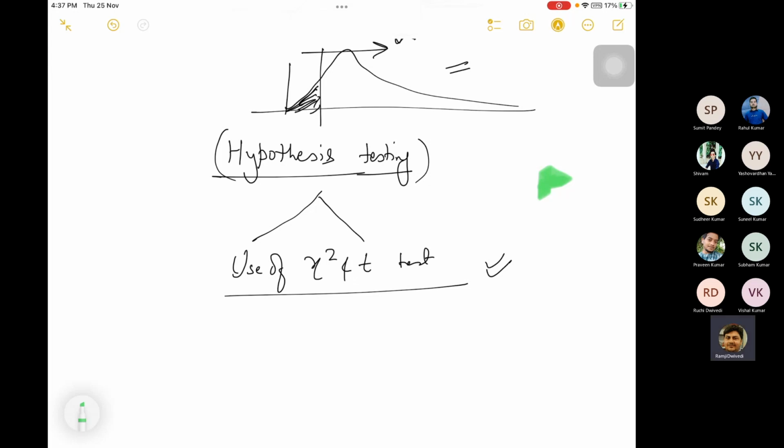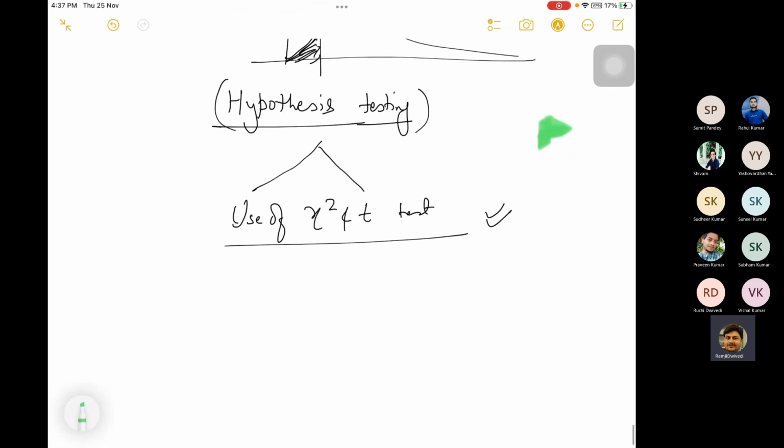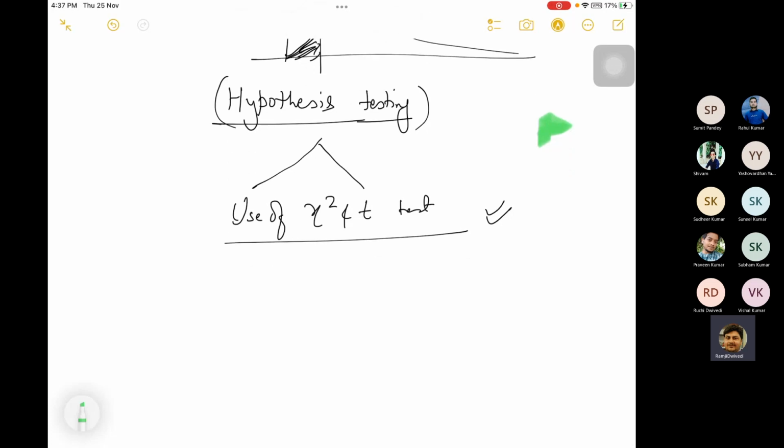During hypothesis testing, it is expected that you should tell us whether the interval which we are designing for population mean as well as population variances actually contains the so-called population mean or variance or not.